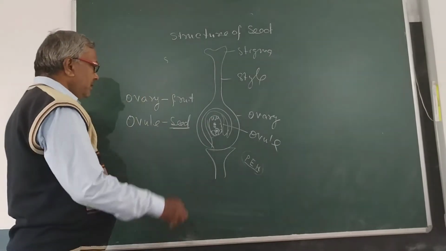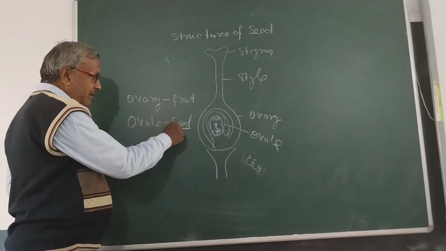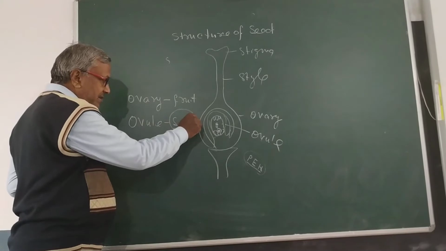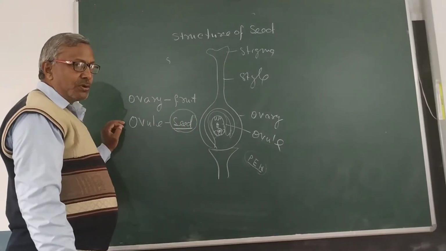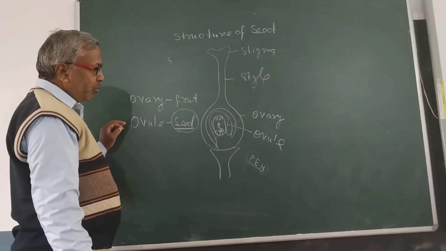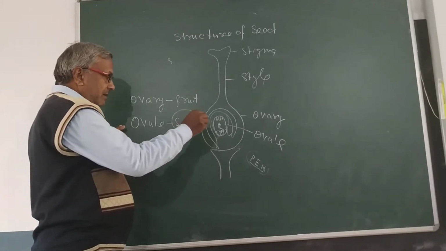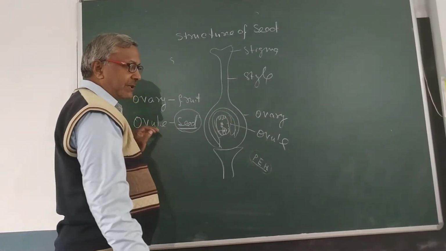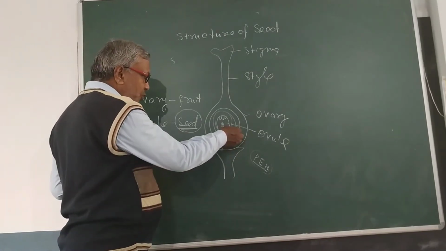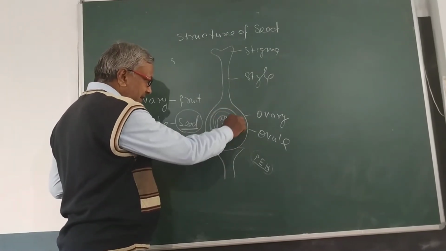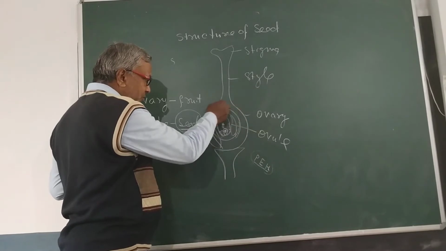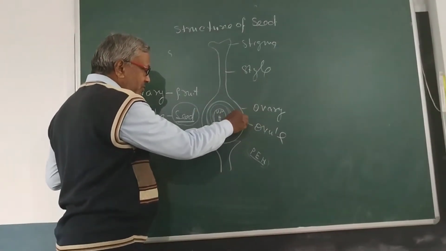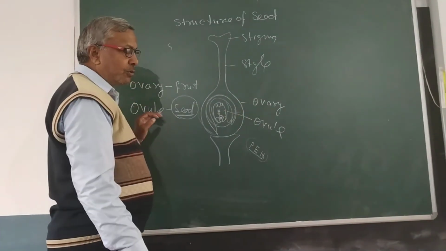So now you understood what is the seed. Seed is the matured ovule which develops after fertilization. After the fertilization, this ovule is going to develop into seed, and ovary develops into fruit. Ovary wall is going to develop into fruit wall.